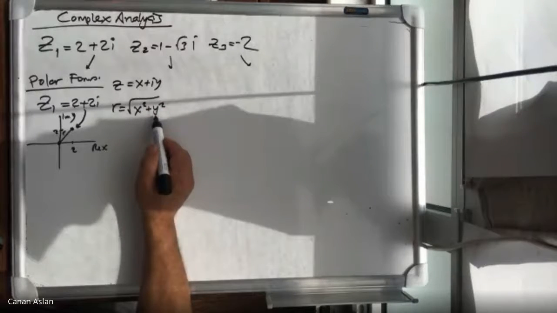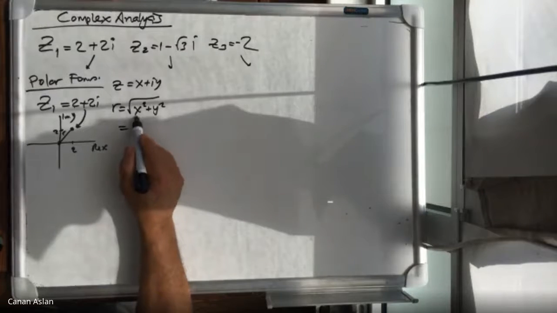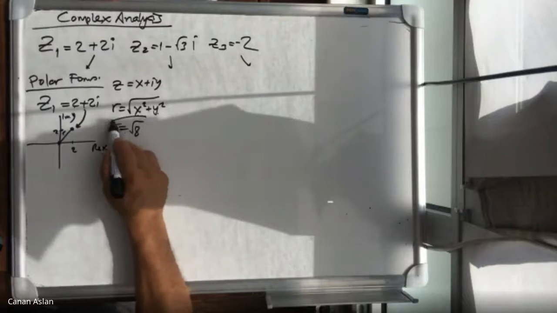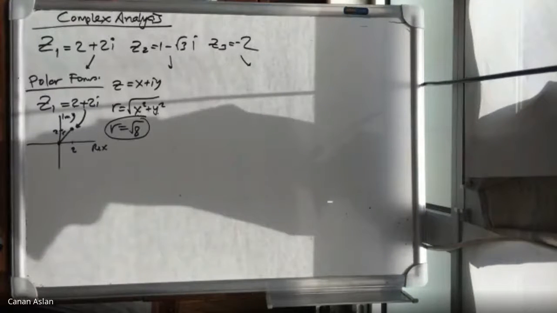In our case, x and y are 2, so 2 squared is 4, another 4 is 8. So r is the square root of 8.